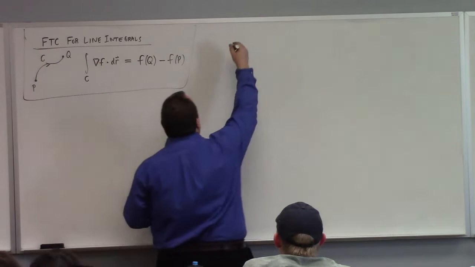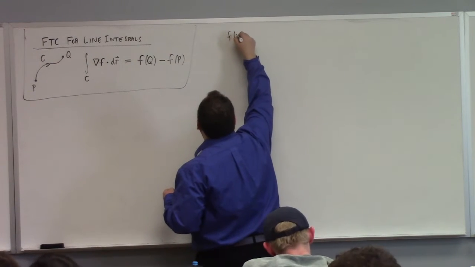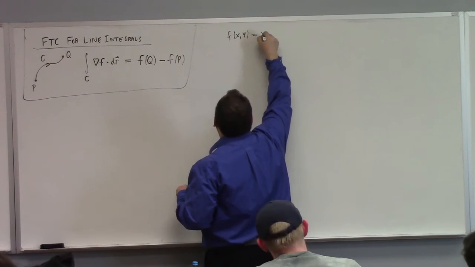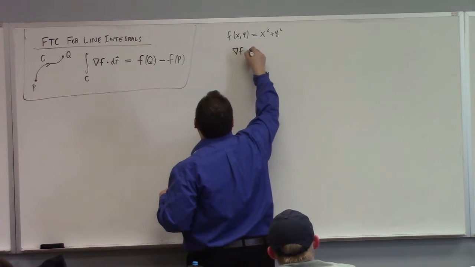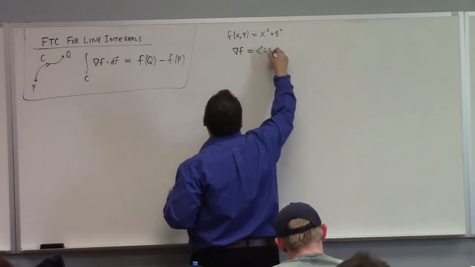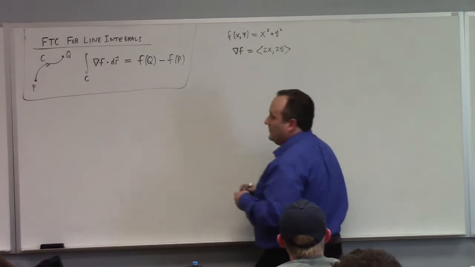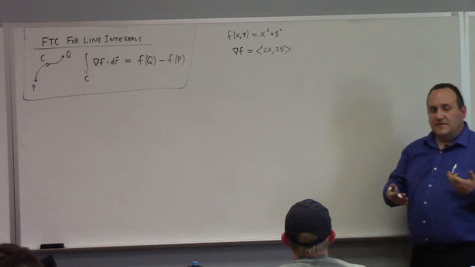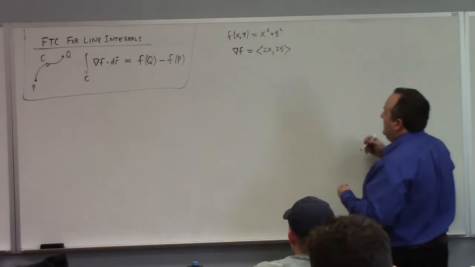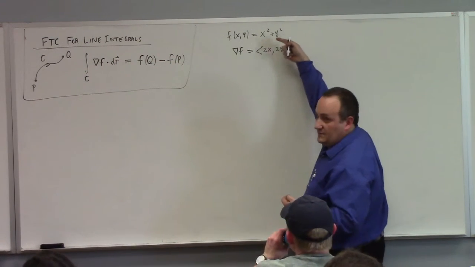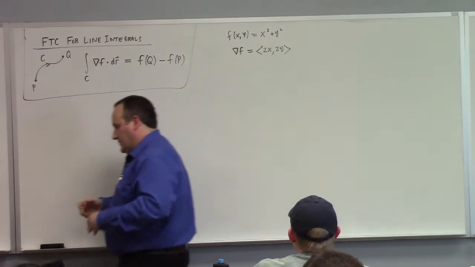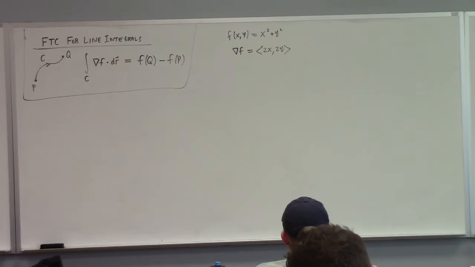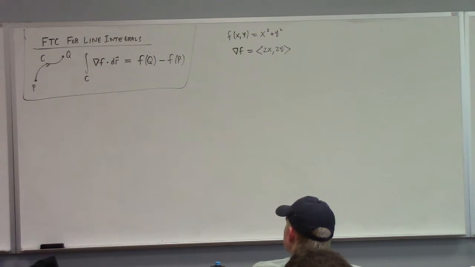For example, if I take f of xy equals x squared plus y squared, I calculate the gradient of f. That gives me 2x comma 2y, all right? So to understand the significance of the gradient, it's helpful to look at what is characteristic of the function x squared plus y squared. So what is x squared plus y squared? You say it's a circle. That's right. It's a circle if we think about its level curves.